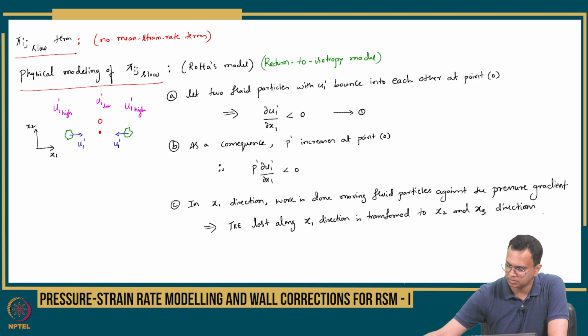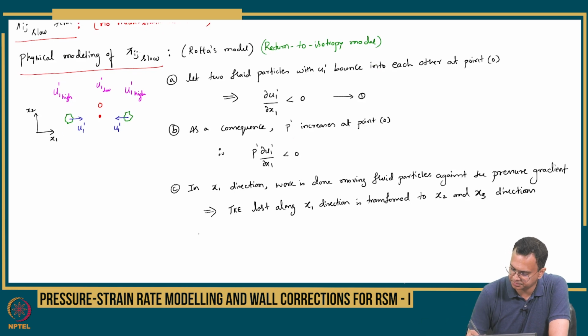So from 1, what will I get? Therefore, from equation 1, what do I get? If this is negative, the ∂u2'/∂x2 and ∂u3'/∂x3 are positive, also by continuity, right?